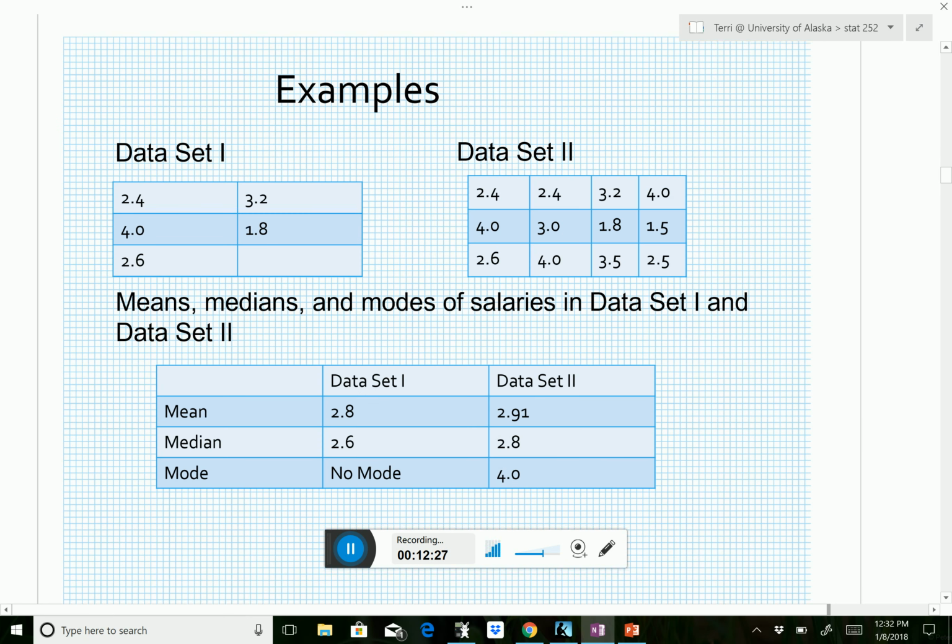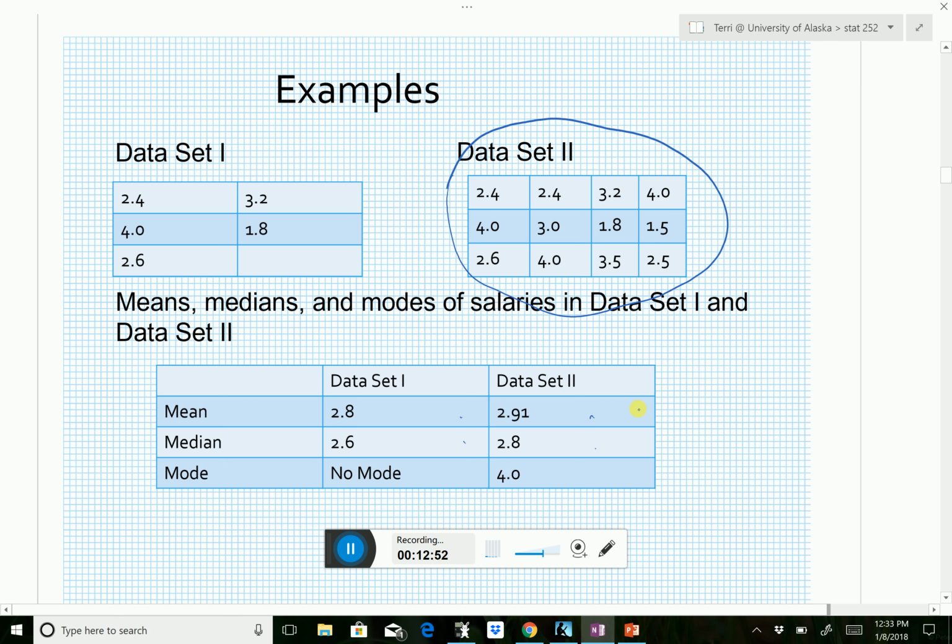So let's look at this example. I like to think these might be some kind of grade point averages. I looked at the mean, median, and mode of each data set. For the mean, we added these up and divided by 5 for each of these. Here I added these up and divided by 12. So here are our means and our medians.